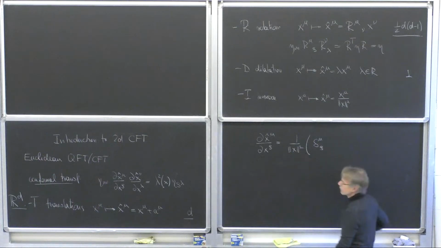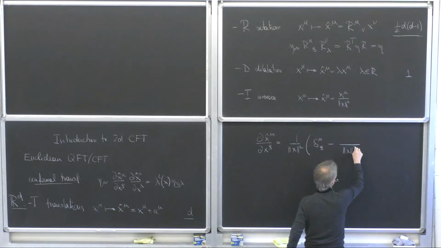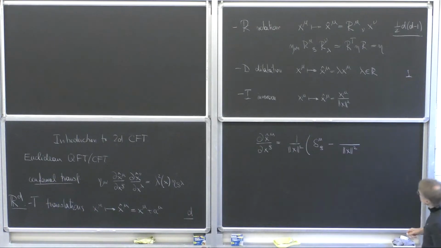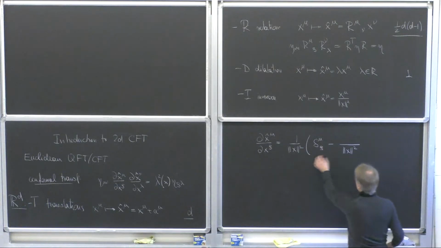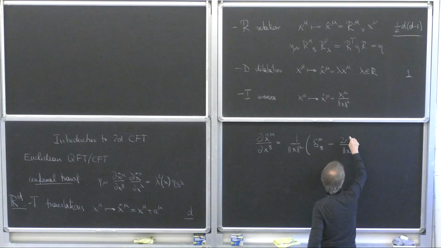That's when the derivative hits the numerator. And then the derivative can hit the denominator, and if it hits the denominator, it'll give you a minus. So I take the outer derivative: 1 over x squared becomes minus 1 over x squared squared. And then the inner derivative will give me a factor of 2 times x^μ times x_ρ.